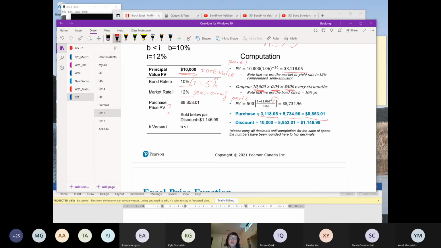Because the purchase price is smaller than the face value, you have a discount. How much discount? You use face value minus the purchase price. Remember, if the bond rate is lower than the market rate, you get a discount.